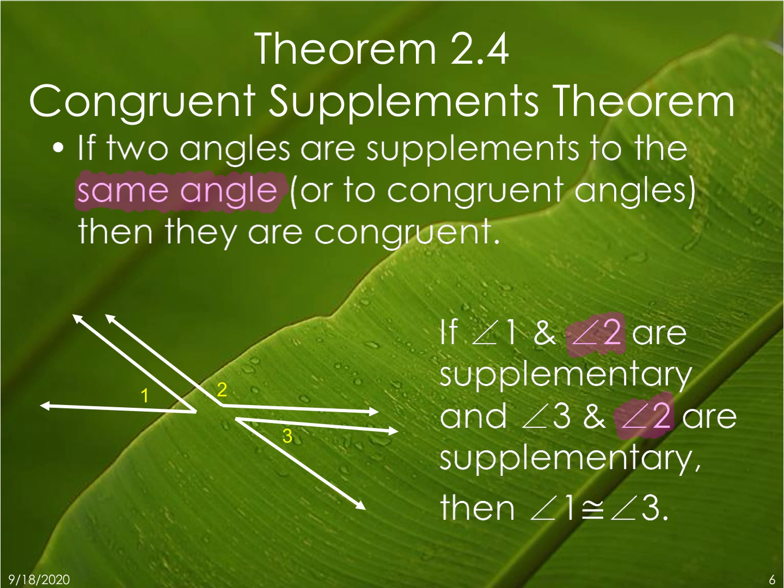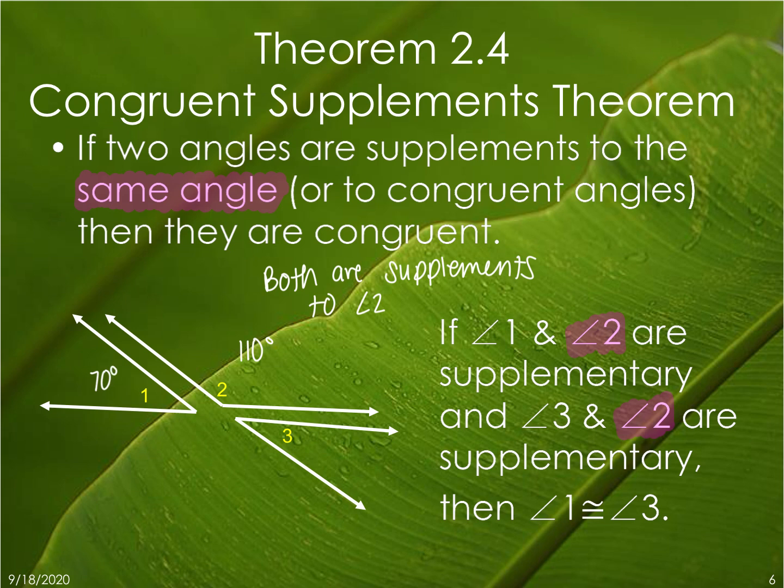So looking at it, we know both are supplements to angle 2. Okay, they're both supplementary to angle 2. Think of this as, I'm just going to give you measurements to think about it. If this is 110, this is 70, that gives me 180.